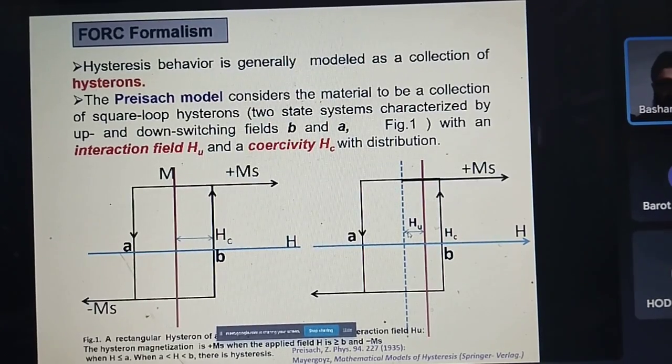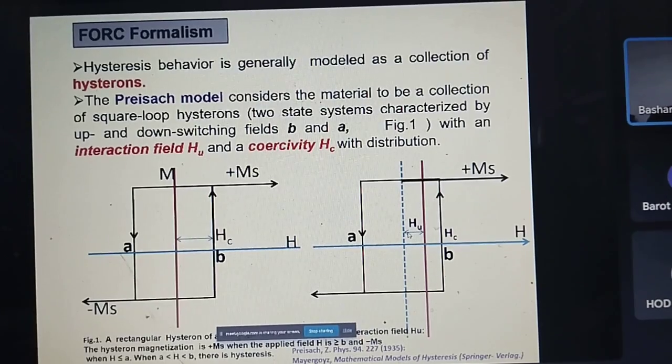We call one a positive shift and the other a negative shift. This shift tells us that an interaction field is present. So this is the basic model, known as a hysteron, which we call our smallest particle, the nanodot, which behaves as a hysteron.